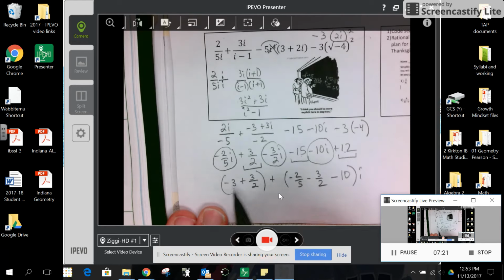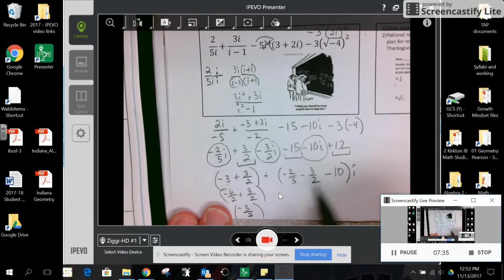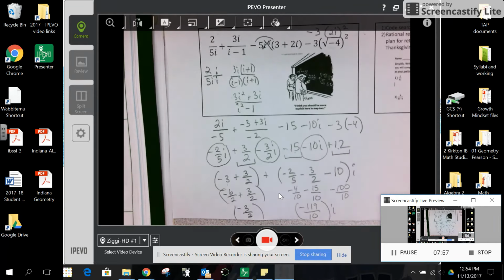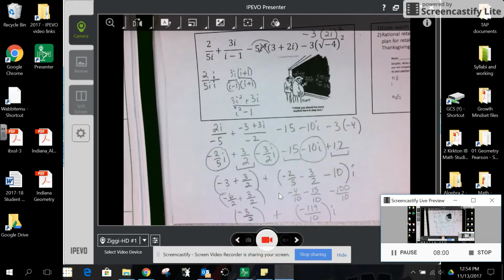So this is negative 6/2 plus 3/2, you can do this on the calculator too, is negative 3/2. And then I put these all over 10. So I have negative 4/10, negative 15/10, and negative 100/10. That's a negative 119 over 10. So a little more complicated just with the final step of simplifying.